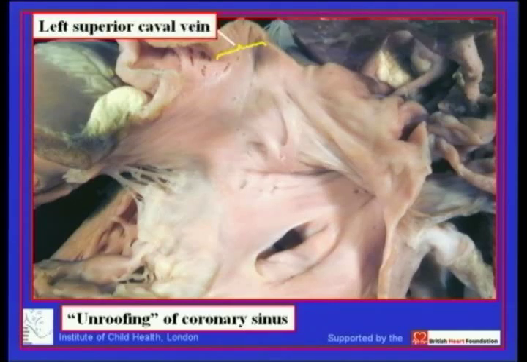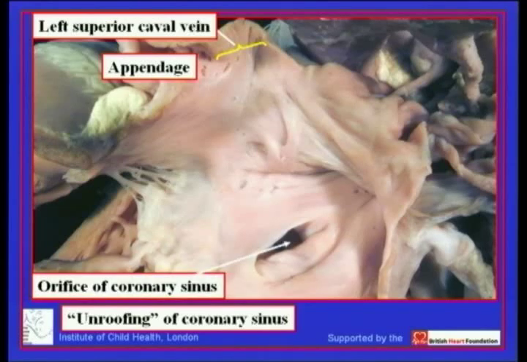And here is our anomalous venous channel, and as we have already discussed, the relationship between the left superior caval vein and the left-sided structures continues to hold good, so it's sandwiched between the left atrial appendage here and the left pulmonary veins opening to the roof of the left atrium.